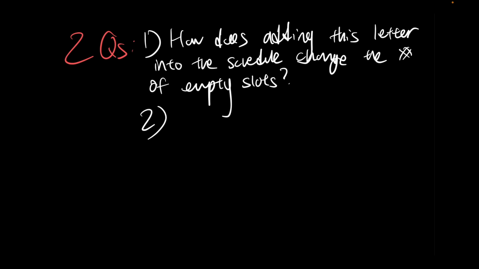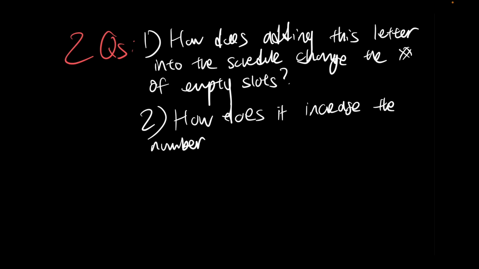And 2, how does it increase the number of new intervals? And I should rephrase here, how does adding this letter into the schedule decrease the number of empty slots? Because we're always going to decrease the number of empty slots if there are empty slots available. That's part of our greedy algorithm.